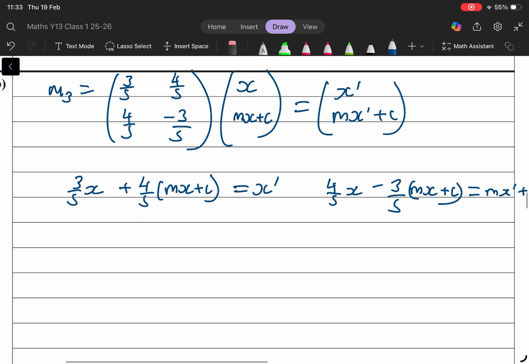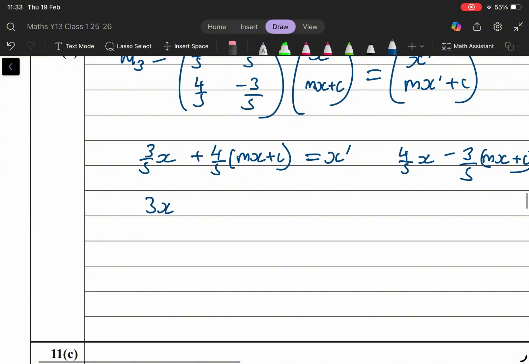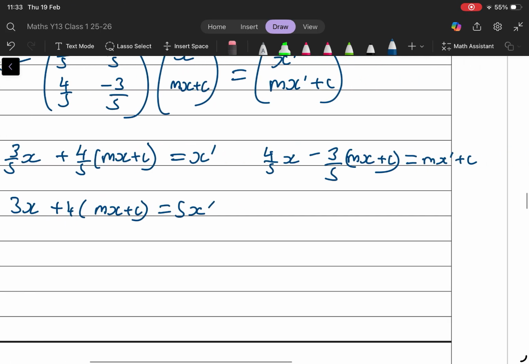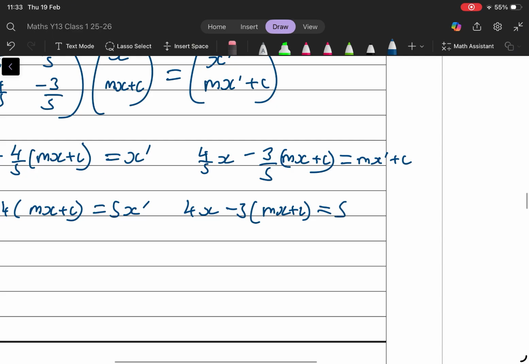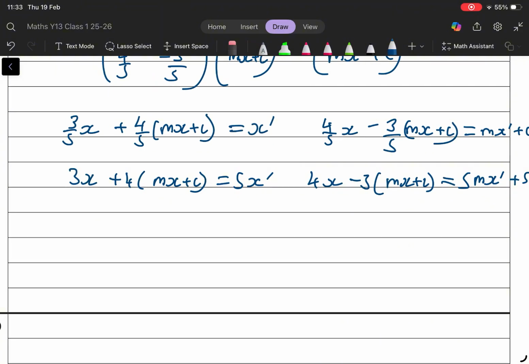This is going to get messy. I'm going to multiply both of these equations by 5 first. So 3x plus 4(mx plus c) equals 5x dash, and then 4x minus 3(mx plus c) equals 5mx dash plus 5c. And then so we sub in 5x dash to get, I'm going to run out of space here, if I'm not careful.